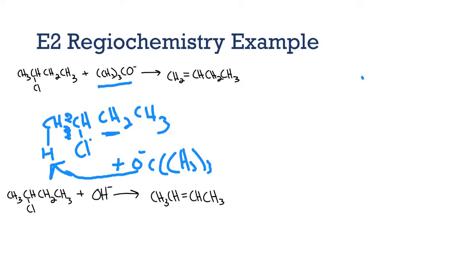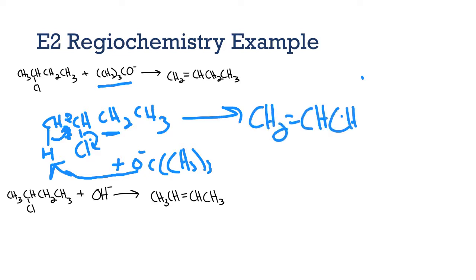So this base will take this hydrogen here. Those bonding electrons will go in between there to form the double bond. And then this chlorine will come off at the same time. And this will be your major product here.